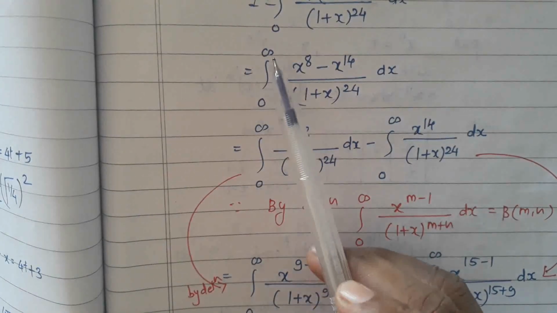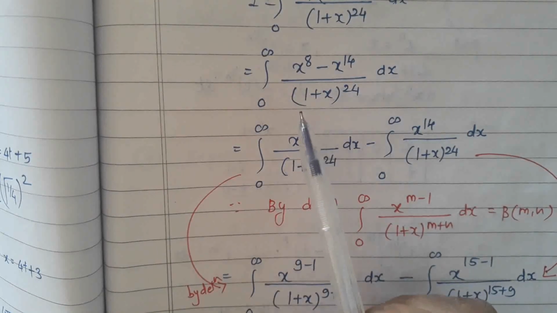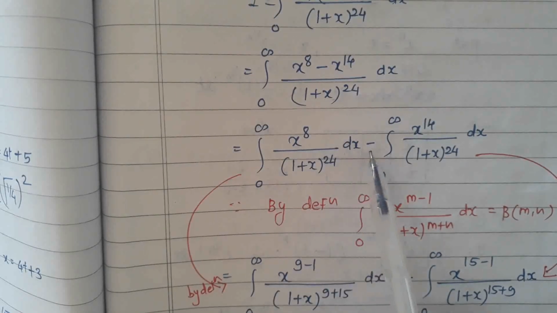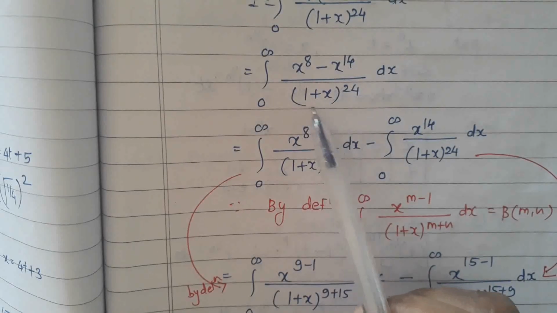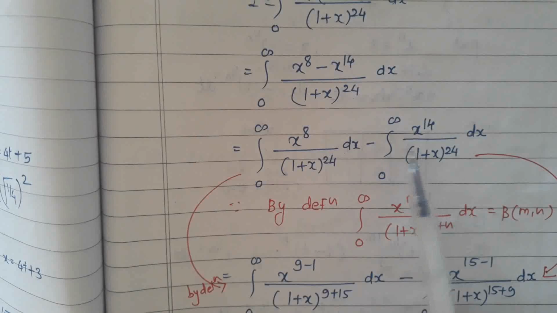Separate this integral 0 to infinity into two parts. One integral is x raised to 8 upon (1 plus x) raised to 24 with the limit 0 to infinity dx, minus the second integral, 0 to infinity x raised to 14 upon (1 plus x) raised to 24 dx.